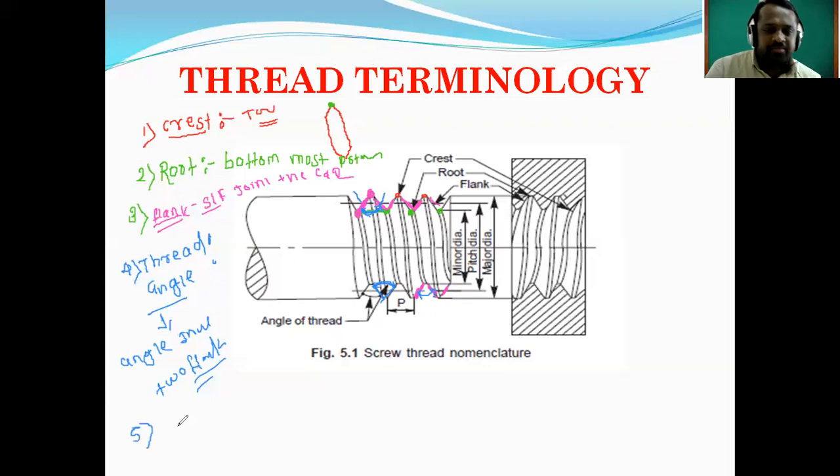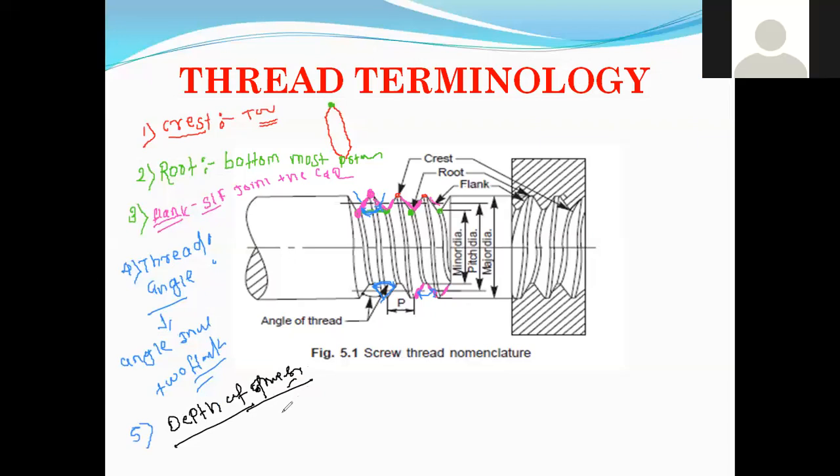Tell me, depth of thread. Distance between crest and root. Good, it is very simple.